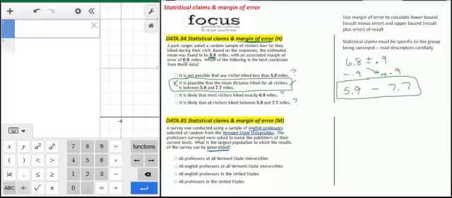So whatever the results of this survey are, they only work for English professors at Vermont. Not all professors, only English. All English professors at Vermont, yes, that makes sense. All English professors in the U.S., nope, only in Vermont State. And all professors, no, only English professors and only at Vermont State. So the only option that can work for this one is option B.